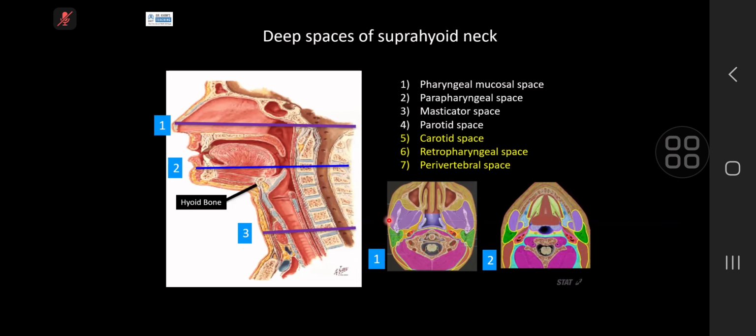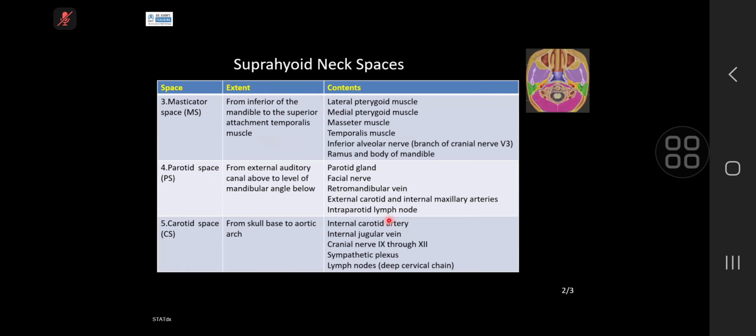And this was a transspatial lesion, going from one space to a second space. But the epicenter was in the masticator space, and that is why it went all the way to the calvarium. That was a learning point here.